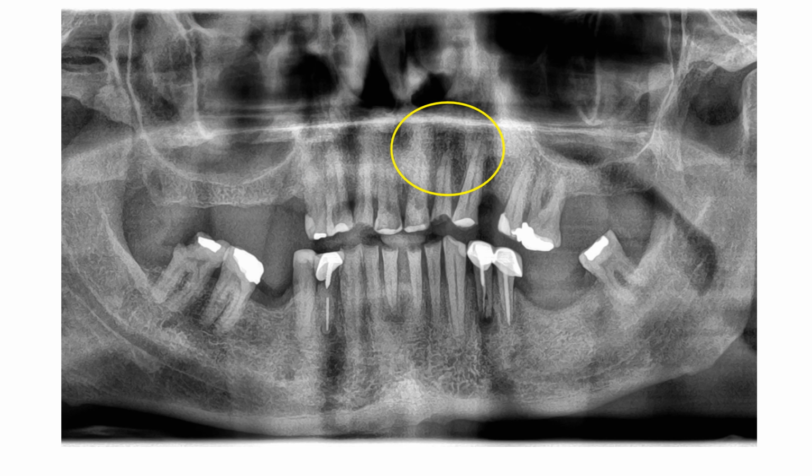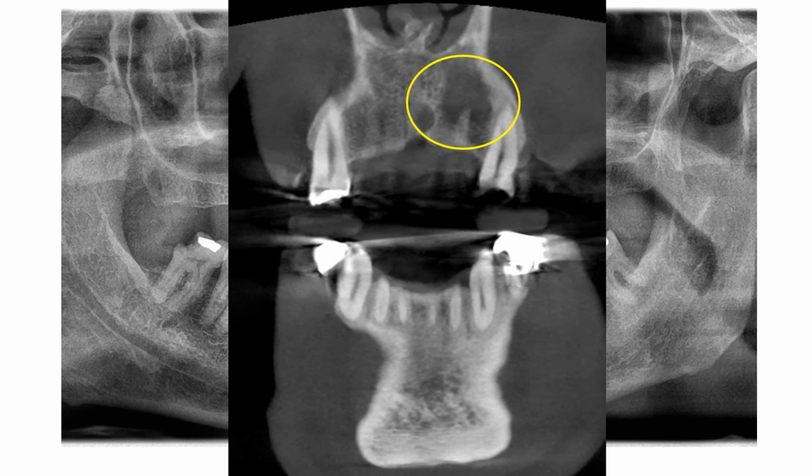Another picture with a lateral incisor, again not a clear picture, and with the CBCT you can see the huge lesion associated with this tooth.